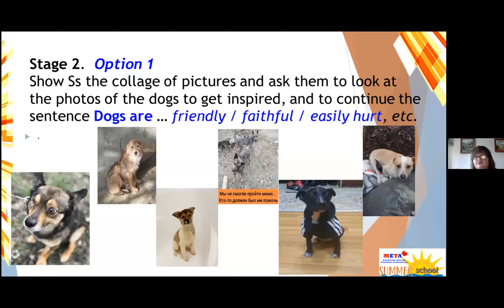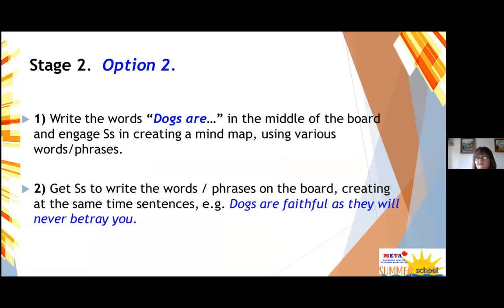Now let's go to the second option. You can write the words "dogs are" in the middle of the board and ask students to create a mind map using various words and phrases. Dogs are beautiful, dogs are amazing, and so on and so forth. And the second part of this activity, perhaps I like it more: the students add words and phrases, creating sentences.